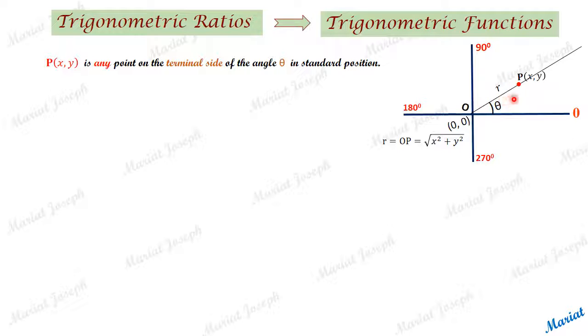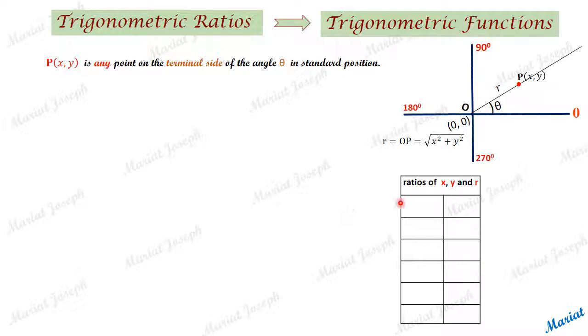Now, here we have three numbers x, y and R. x and y are the coordinates of the point taken and R is the directed distance of that point from the origin. So all these three numbers depend on the P that you have taken. Now these three numbers, all possible ratios I'm going to write.